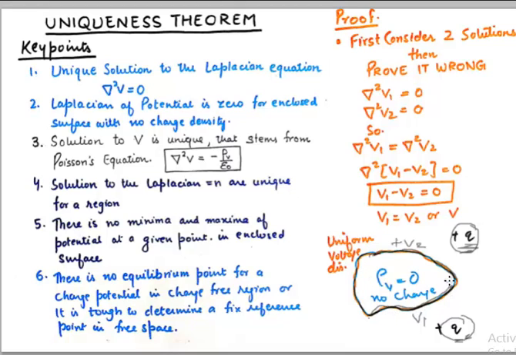whatever potential is developed on the continuous surface of the conductor is distributed equally and is uniform, and we have a single potential at the boundary of the metallic surface or the conducting surface.